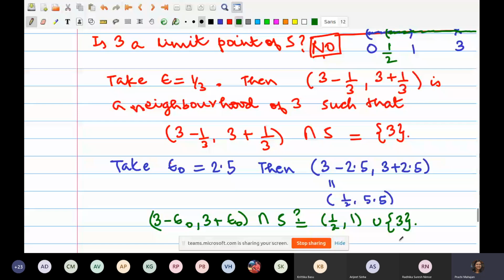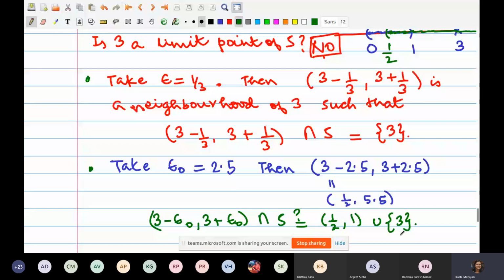If you look at these two examples, for one choice of epsilon you got a neighborhood of 3 which does not intersect S in anything besides the singleton 3. And if you take the epsilon naught neighborhood of 2.5 around 3, then this intersects S in points other than the singleton 3.